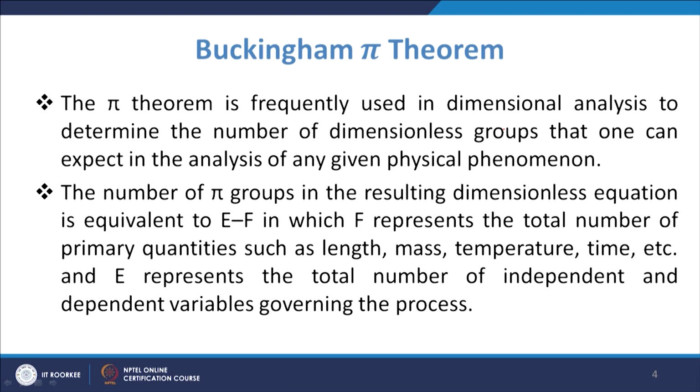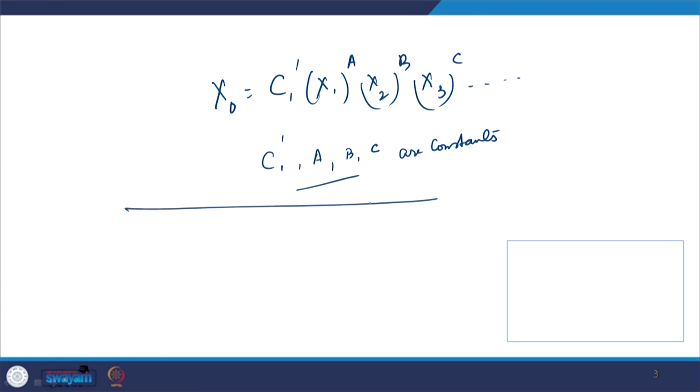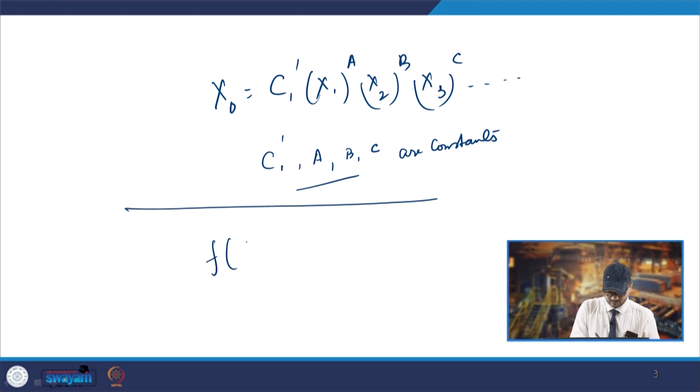So, what you do in this case, you have f of pi 1, pi 2, pi 3. So, in the case of the pi theorem, you will have pi 1, pi 2, and pi 3, and they will be equal to 0.